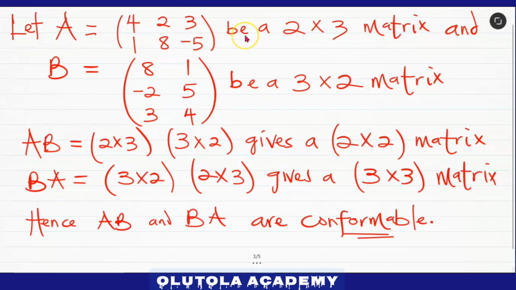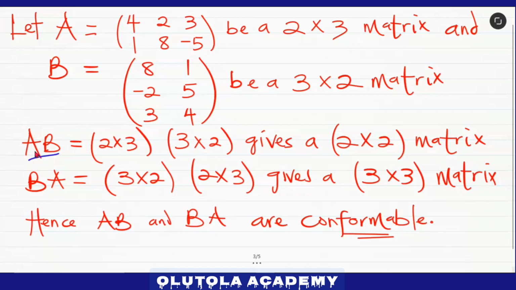Of course, A is a 2 by 3 matrix because it has 2 rows and 3 columns. And we have B. B has 3 rows and 2 columns.